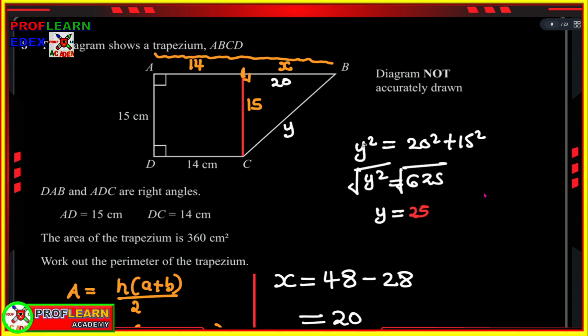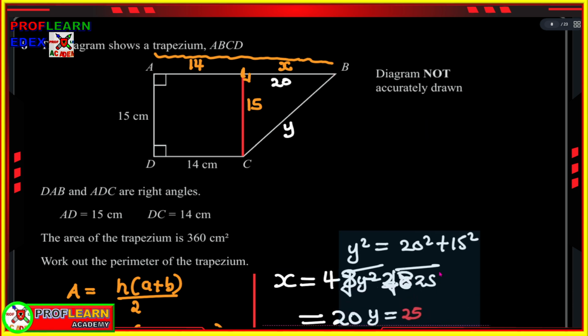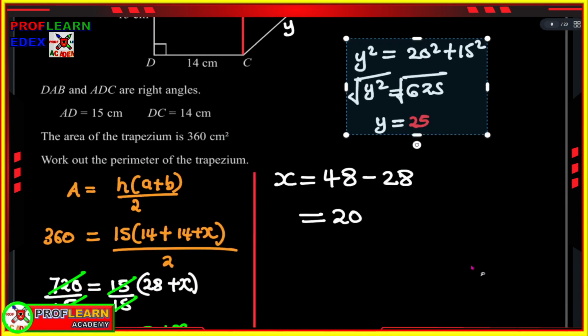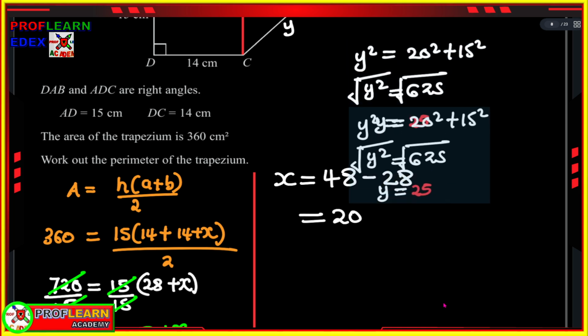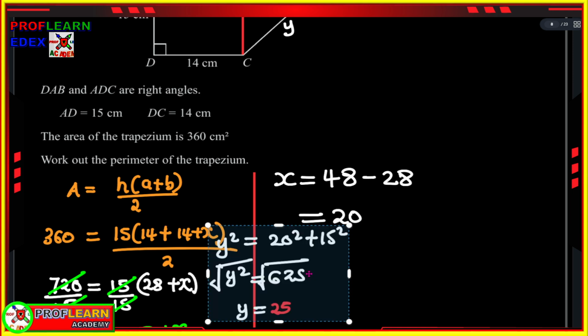Remember, this question is not asking us to find the hypotenuse. The main part this question is asking us is to find the perimeter. So how will we find the perimeter in this case?